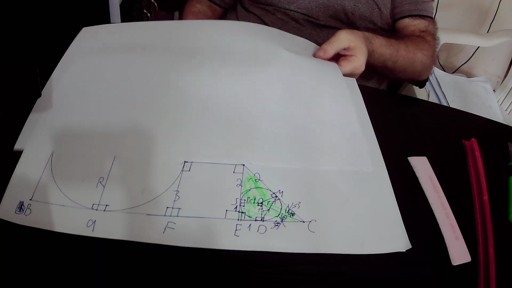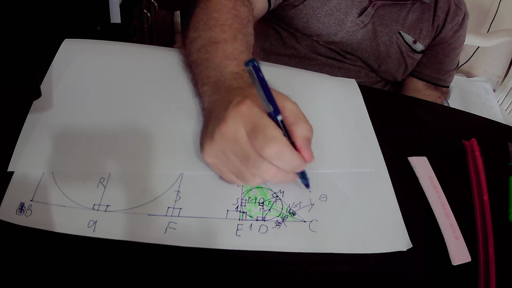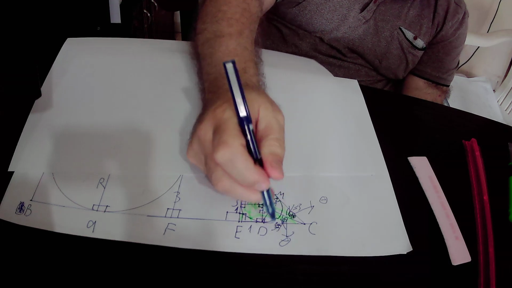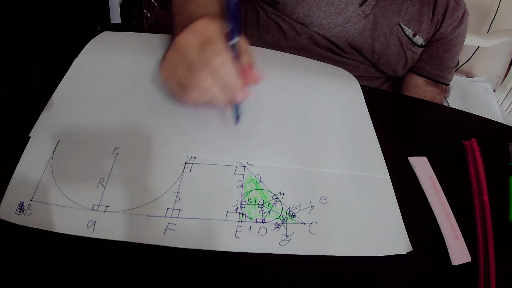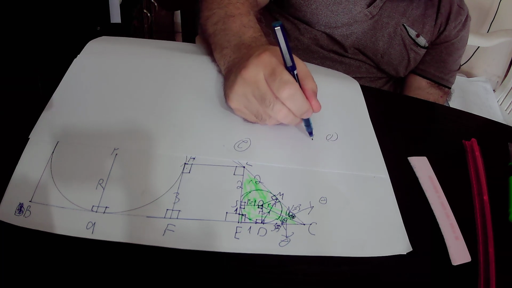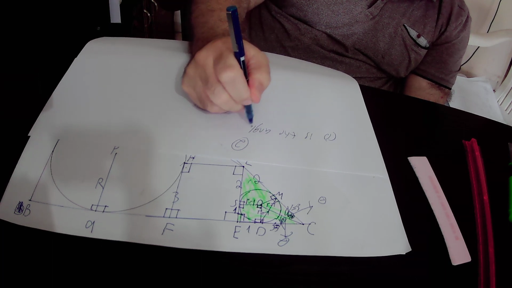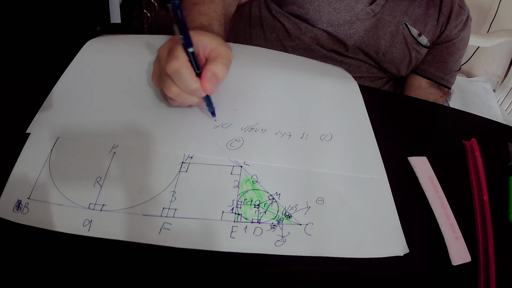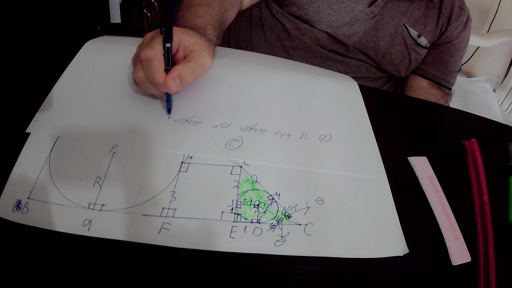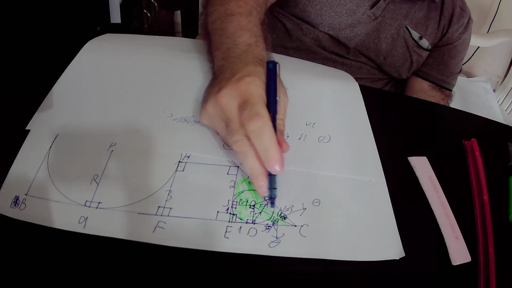Right? This angle equals theta. And this angle also equals theta. So I write it down. CO is the angle bisector of angle C in triangle MDC.